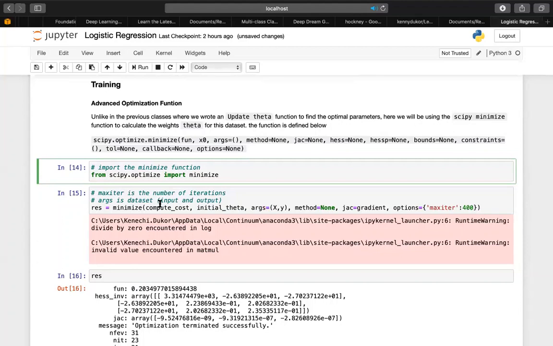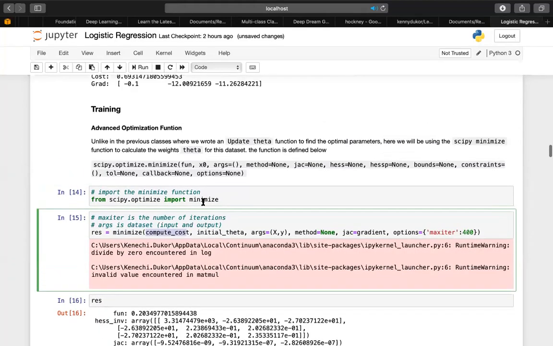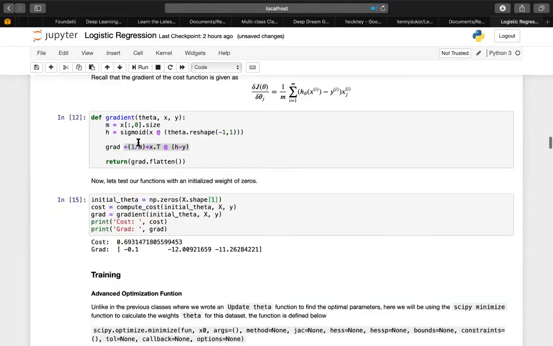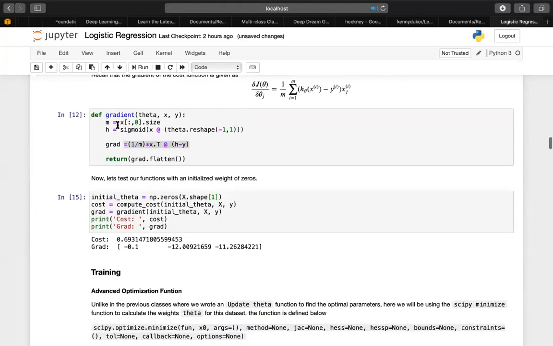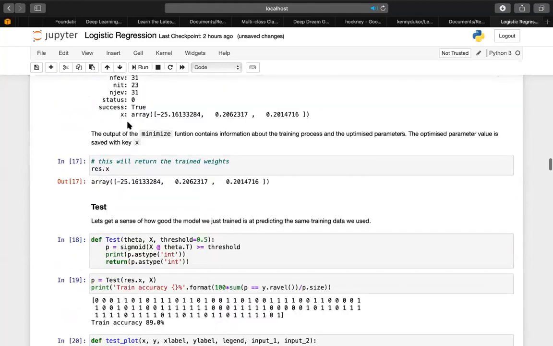We don't need to write any function to do that. So we pass into this minimize function our function for calculating the cost. That's compute cost, which we have defined here. So this calculates our cost for us, that's how far away it is from the prediction. Yeah, the cost itself.